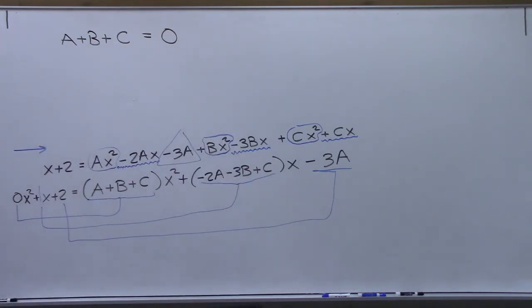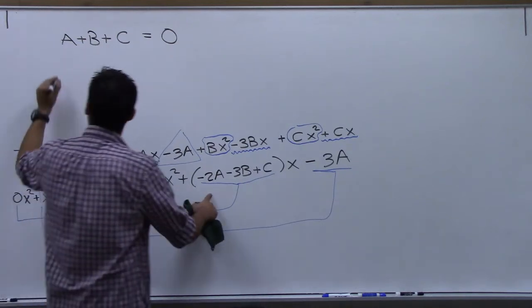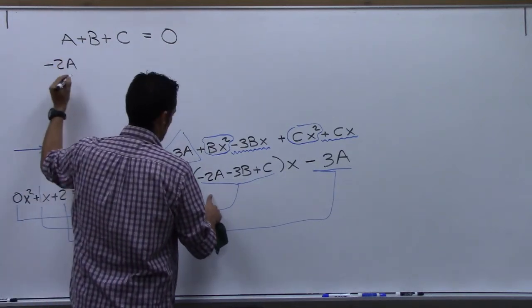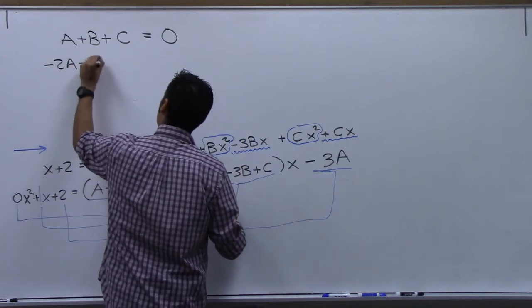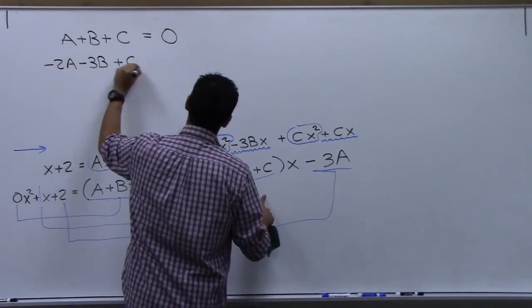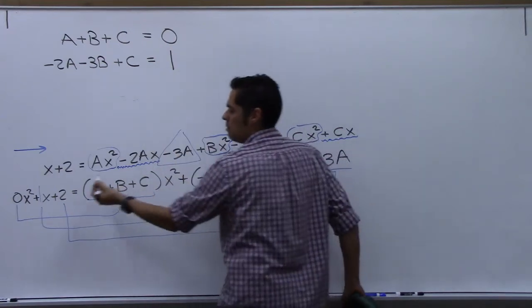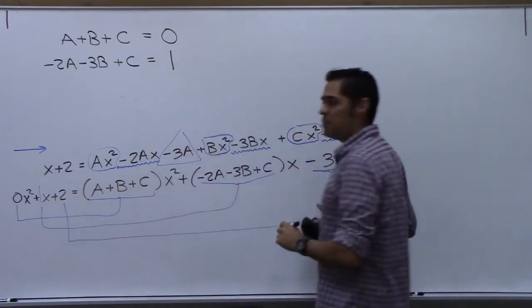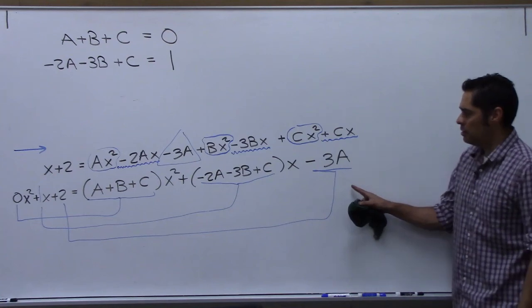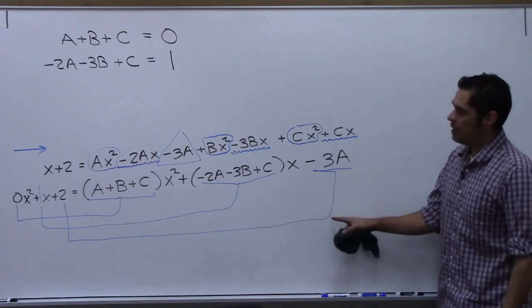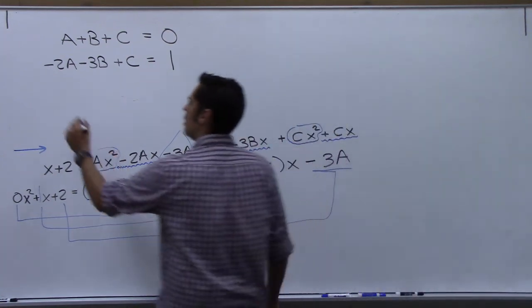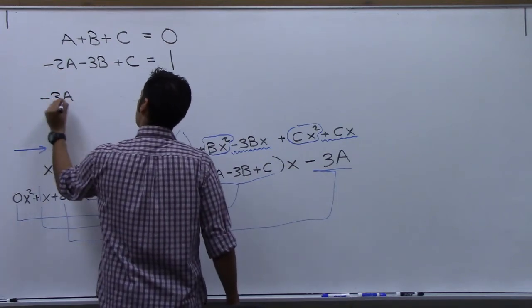Next equation, negative 2a minus 3b plus c must be what? 1. And finally, this last one is actually going to give me a lot of information. Negative 3a is what? Negative 3a is 2.